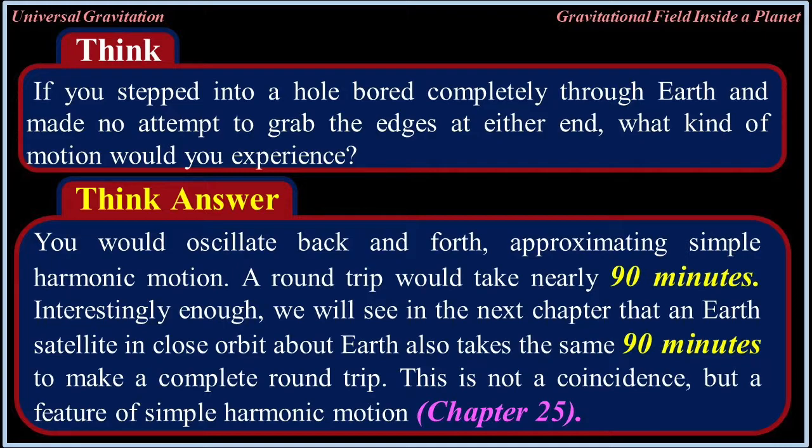Interestingly enough, we will see in the next chapter that an Earth satellite in close orbit about Earth also takes the same 90 minutes to make a complete round trip. This is not a coincidence, but a feature of simple harmonic motion from chapter 25.